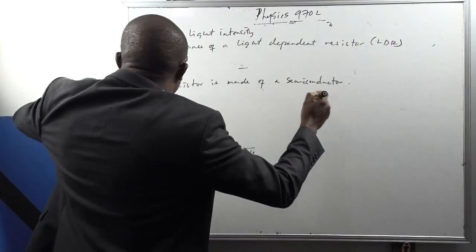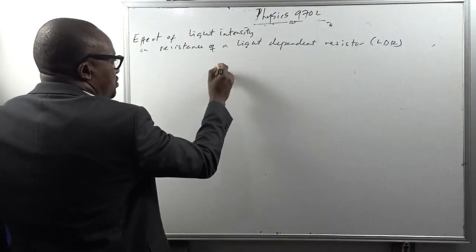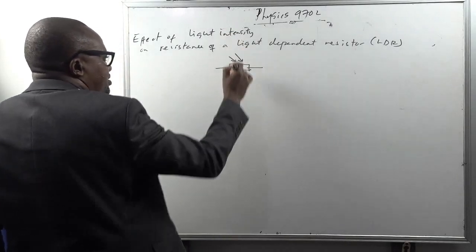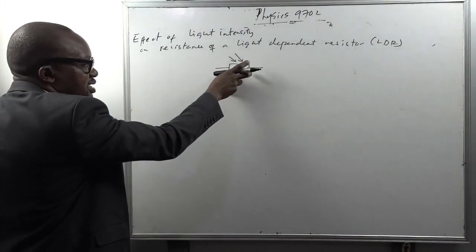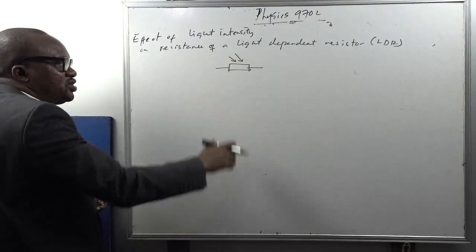LDR. The symbol for LDR is like this. Light dependent resistor. This is the symbol for it. So that shows that the resistance here is dependent on light intensity.